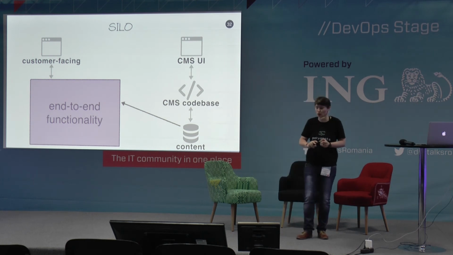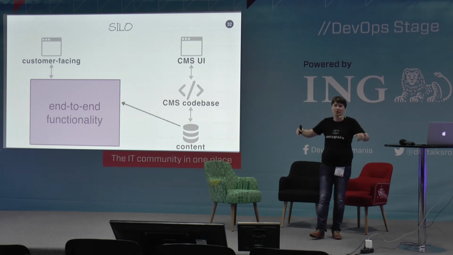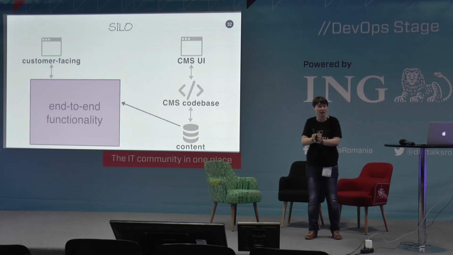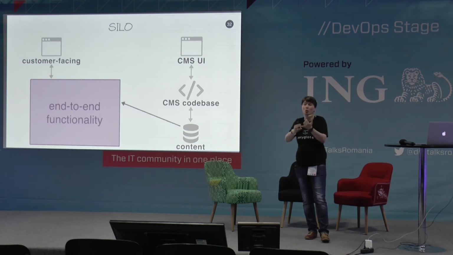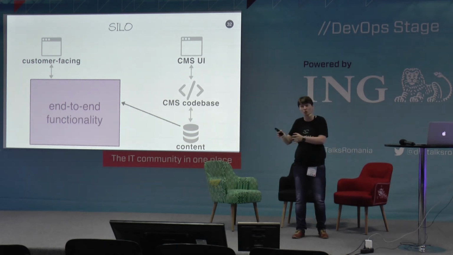And we said we are going to explain what the silo is. Well, the silo is nothing else but the entire end-to-end functionality delivered by one server, two servers. It doesn't matter how many you have. If you can deliver all the customer experience with a set of machines and pieces of software and content, that's what we call a silo.